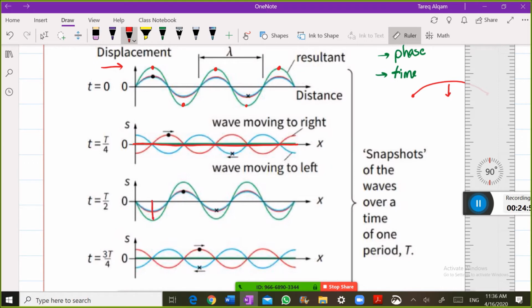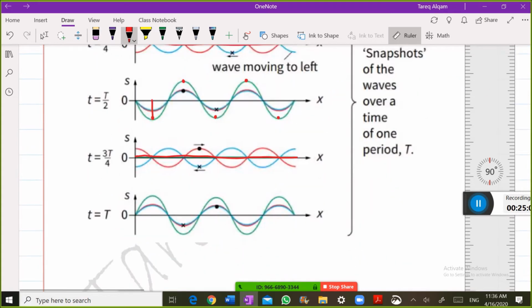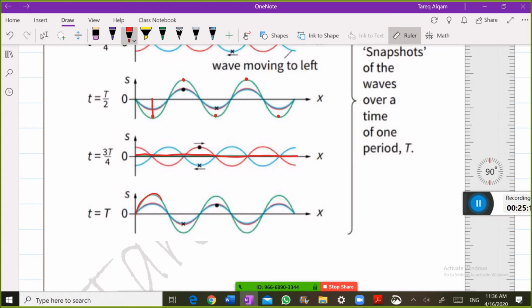After quarter period, again, it returns back to the equilibrium position. Then it returns back after one period to its initial position. So here, guys, with the time, unlike the progressive wave, the disturbance, roughly speaking, is not shifted horizontally. It's shifted vertically, if I can say that. Clear?